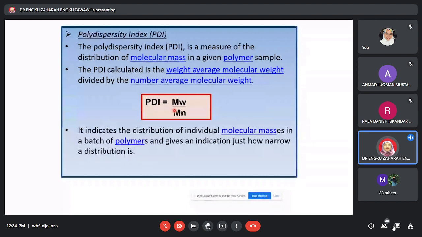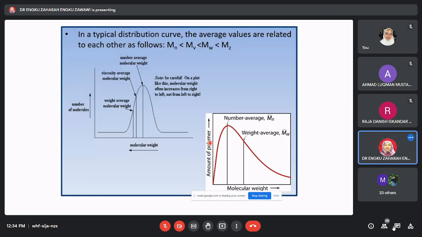So it indicates the distribution of individual molecular mass in a batch of polymer and gives an indication of just how narrow a distribution is. Okay, so jumlah average berat molecule dibahagi dengan number average berat molecule.